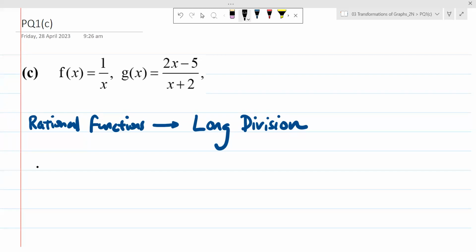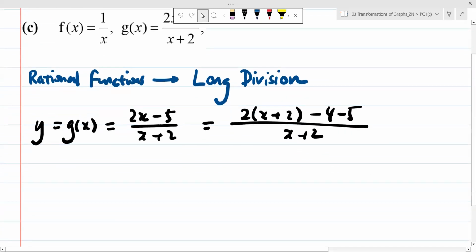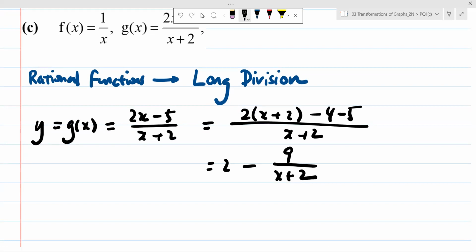So y equals g(x), or g(x) is (2x minus 5) over (x plus 2), which is 2(x plus 2) minus 4 minus 5. So this one is quite straightforward. This one you will have 1, 2, 3, 4.